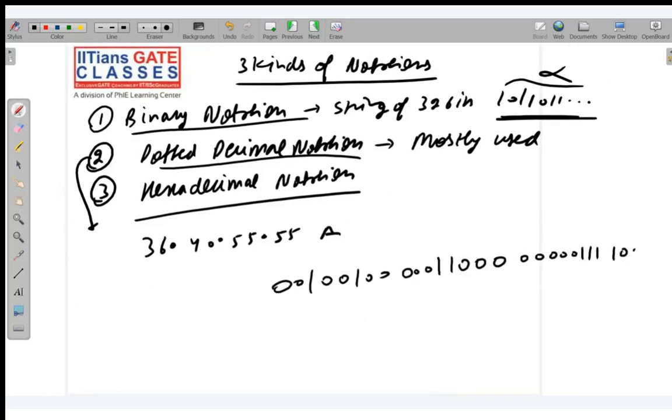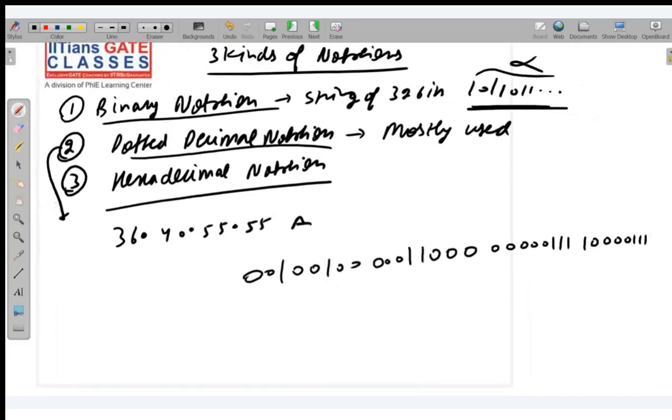What we will do is group 8 bits and write its decimal equivalent. So what will be the decimal equivalent? If you try to work it out, it is 9, and after 0, 8, 18, 36, so it is 36. What is this?